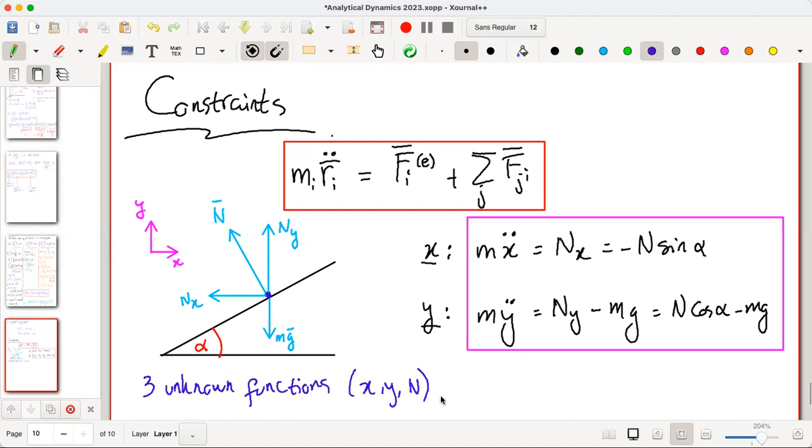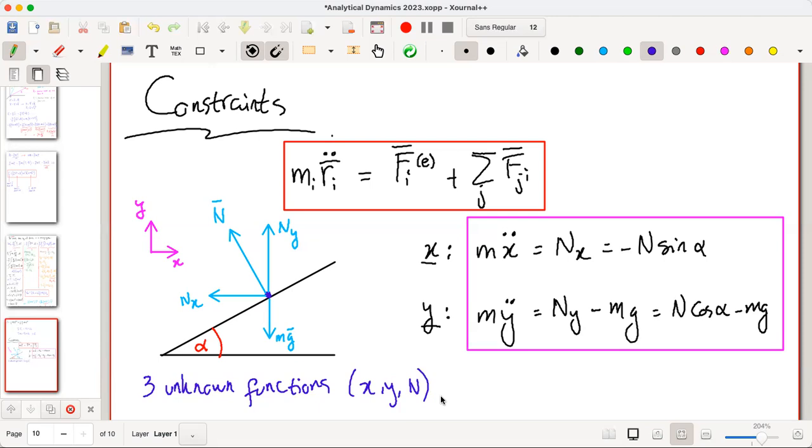So you know what happens, right? If we have two equations to solve for three functions, then the situation is not determined. At least there is one function that cannot be determined. This situation is what we call the undetermined system.